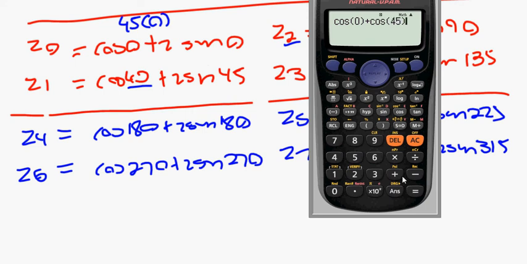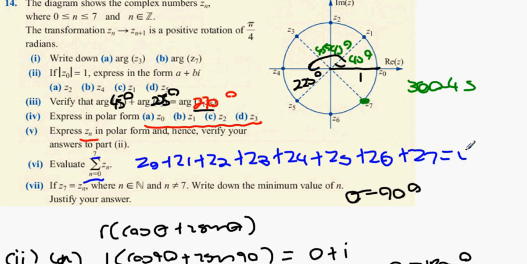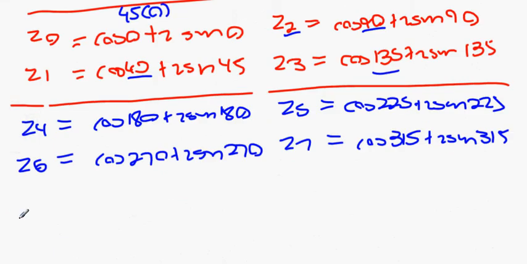Cos 45 plus cos 90 plus cos 135 plus cos 180 plus cos 225 plus cos 270 plus cos 315. What we get here is 0. So when you add them all up together, you're going to get equals 0, and then we're going to do the same with the sine.